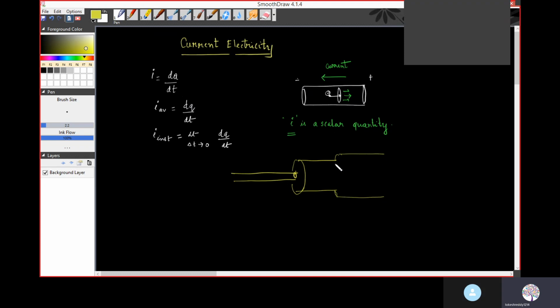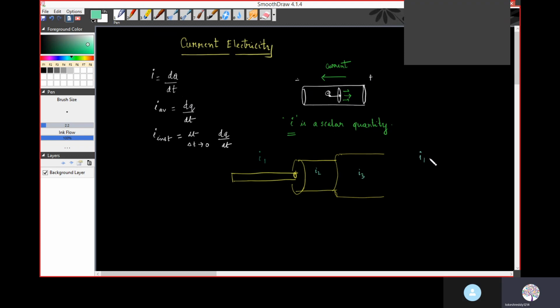Now here you can see, if the current here is I1, then current here is I2 and current here is I3.